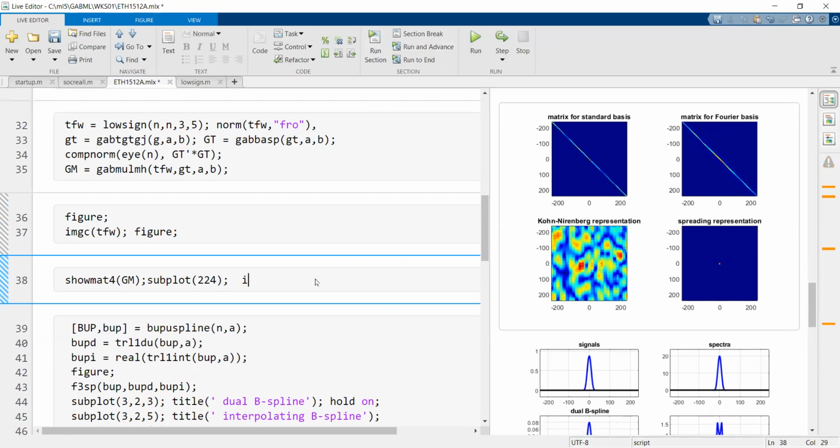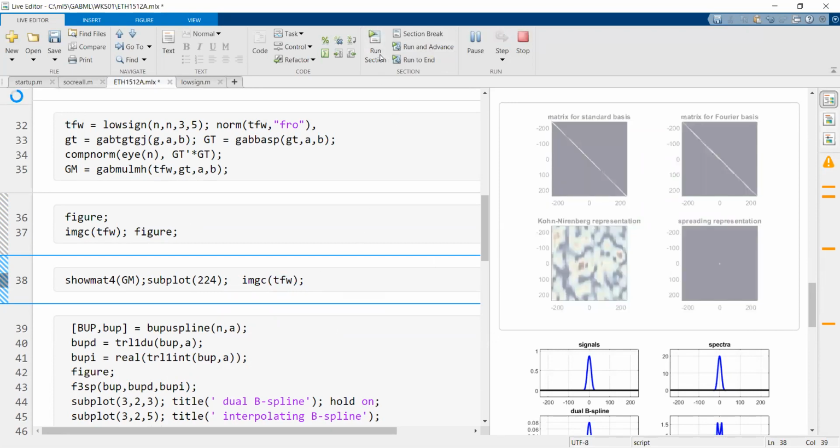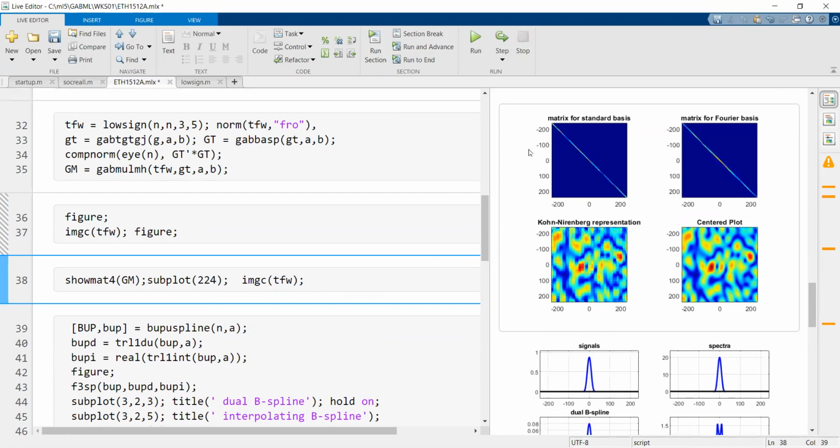And of course, maybe I could do this centered plot for comparison of this time frequency weight. And what you would see is that the Kohn-Nirenberg symbol of the operator is very similar to the weight. So you see that there is a kind of lattice structure. And of course, I took a relatively coarse lattice to see this effect.